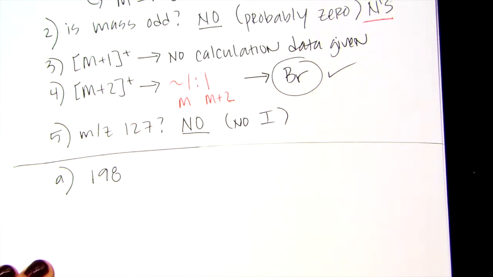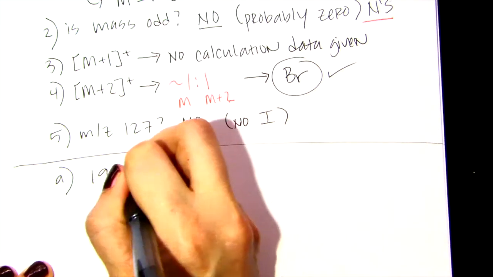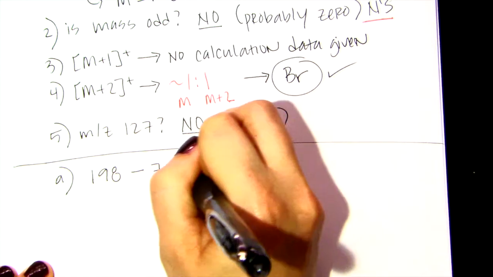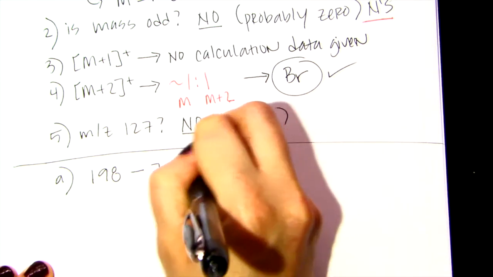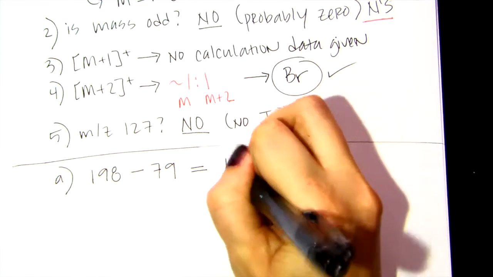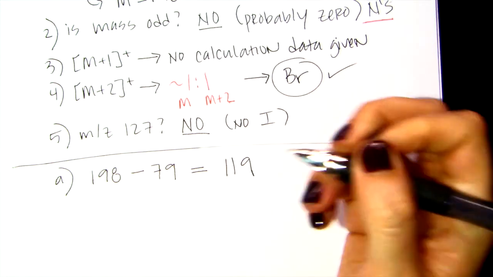So we know we have a bromine, and bromine has a mass of 79. Right, the main one. And so that comes out to something. Let me grab my calculator. So that comes out to 119. And so 119 is the remaining mass.